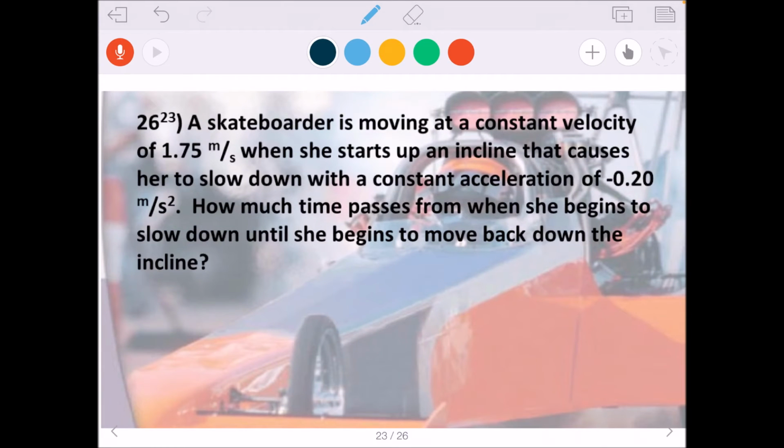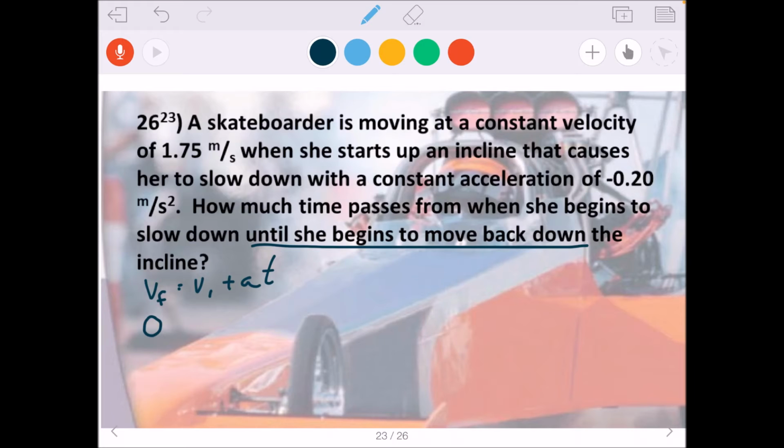This one here, I'm probably going to use my final velocity is equal to initial velocity plus acceleration times time. My final velocity I'm going to set at 0 because she's moving up and she's slowing down, and I want to find out how long it takes until she begins to move back down the incline.